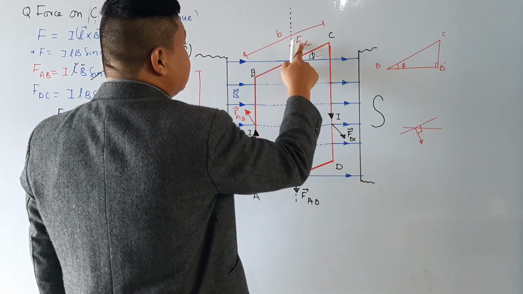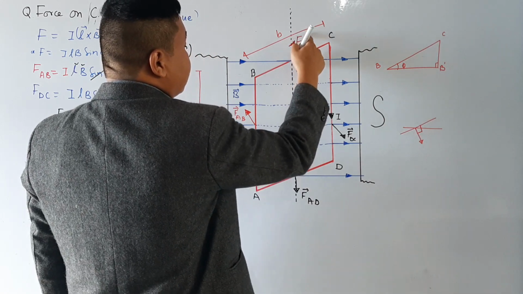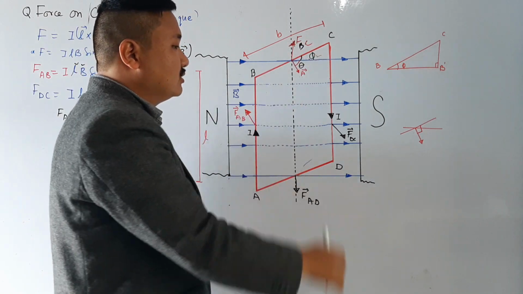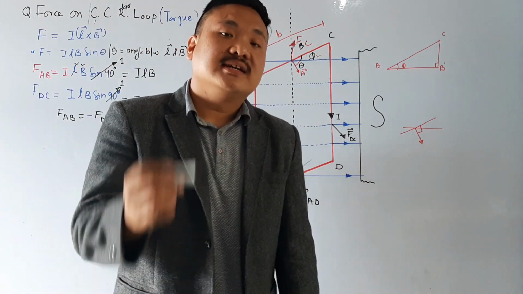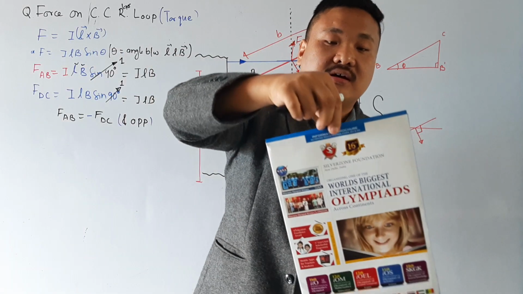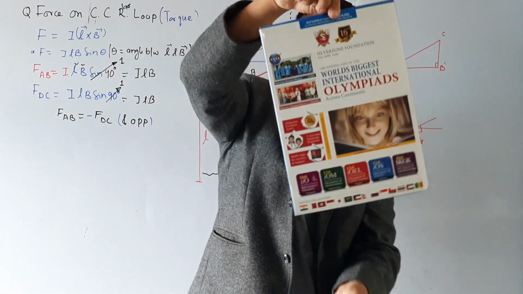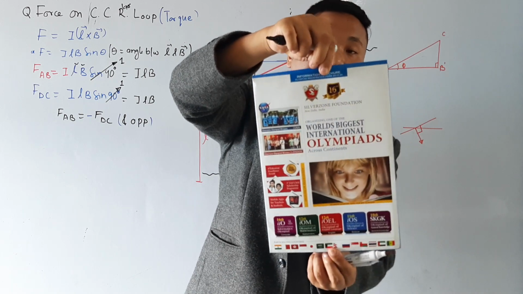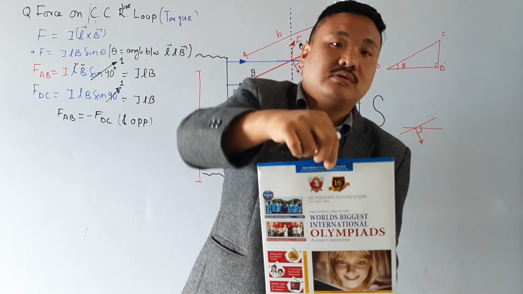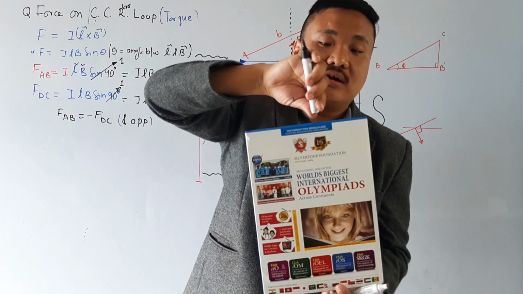Not DC, this is BC. Okay. BC. Are they equal and opposite? Yes, equal and opposite, and they are acting in the same line. It means that one force is going upward, one force is going downward, equal and opposite. Will they do anything? Nothing.